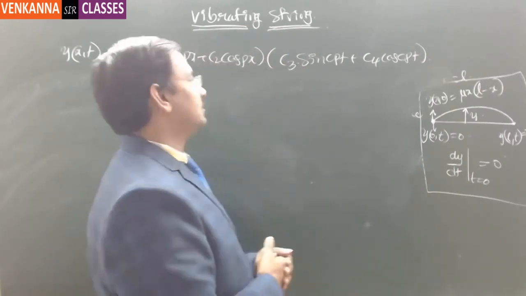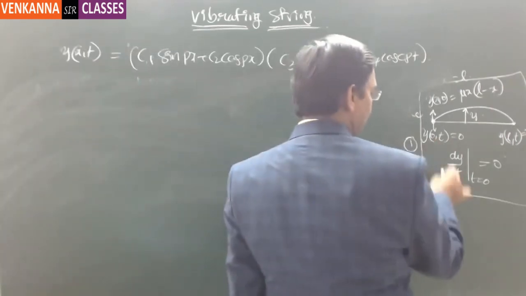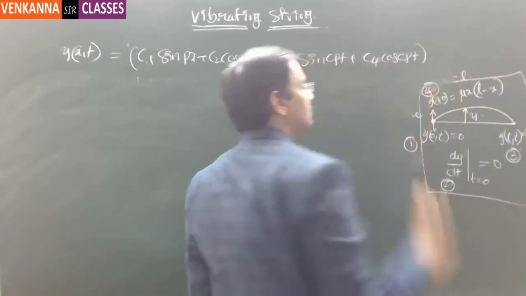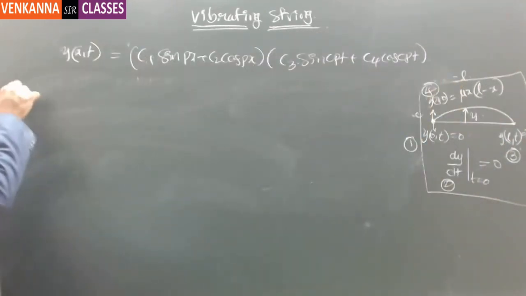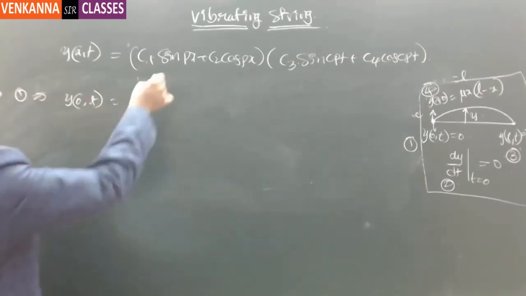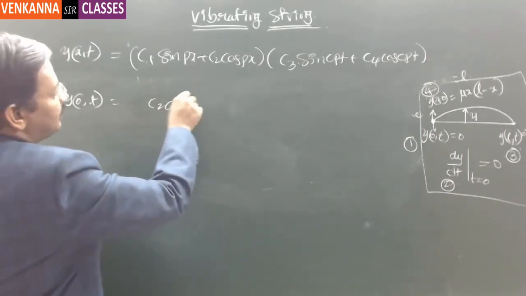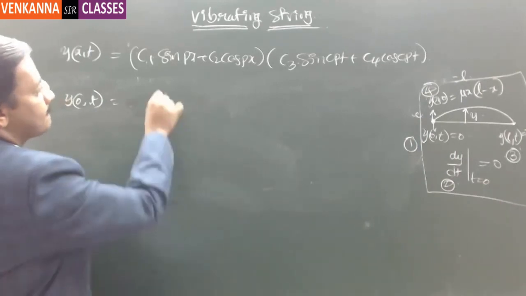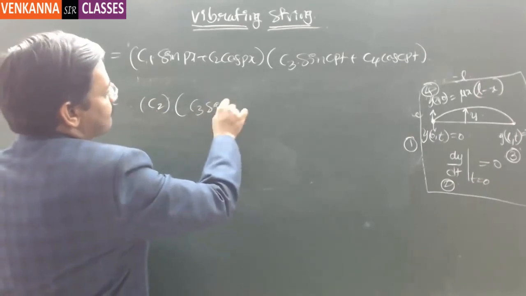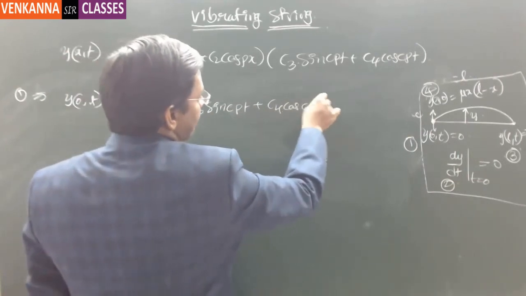Okay, fine. Now actually, substitute the first boundary condition. I take this as the first condition, this as the second condition, this is the third condition, this is the fourth condition. So first condition, if I substitute it, then y of 0 comma t is equal to, so x is 0, that means c1 sin px is 0, and c2 cos px, so cos px is 1, into c3 sin cpt plus c4 cos cpt equal to 0.